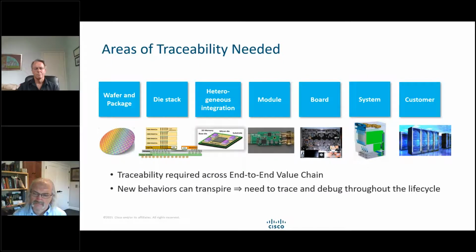So these new behaviors on parts can transpire any time in the product life cycle, and you need to be on top of it to find out immediately: is my behavior changing? How is it changing? And is it going to be an issue in the future? Next slide, please.